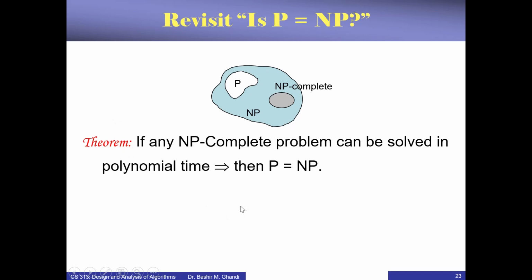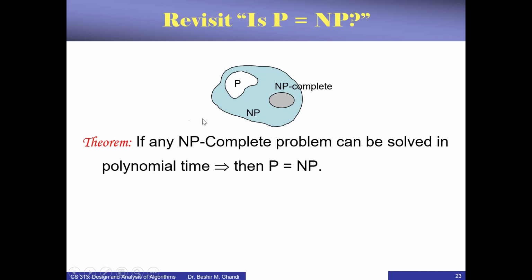If you can prove one NP-complete problem to have a polynomial time solution, just one of them, then actually all of them will also have polynomial time solution. And that means the set NP will be a subset of P. We already know that P is a subset of NP.